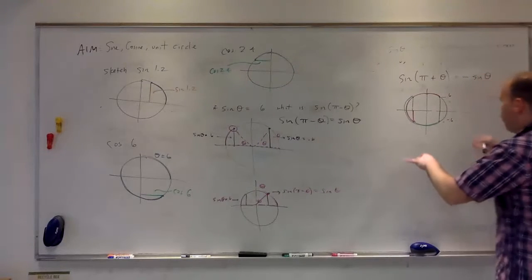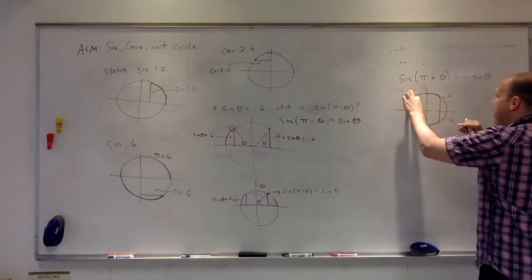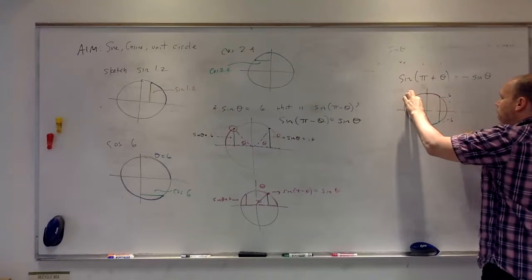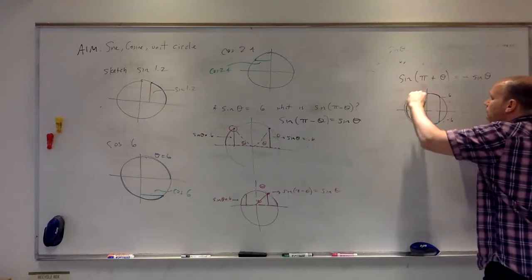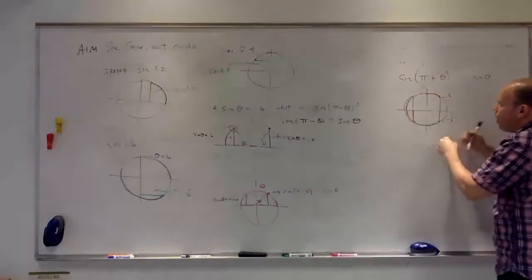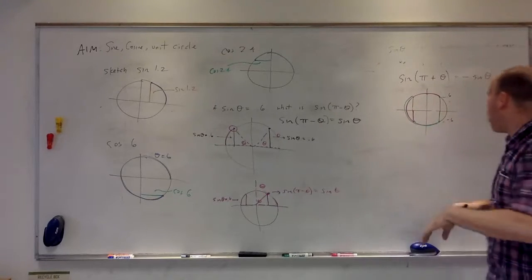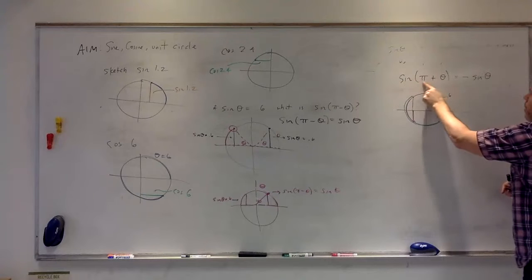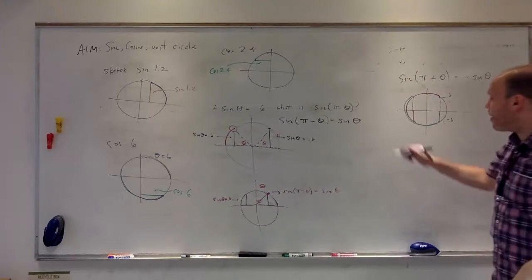Once again, we started out, we know that theta has a height of 0.6, so that's the sine of theta. If I rotate it 180 degrees, both of these now have a height of negative 0.6. So the sine of theta plus pi is equal to negative sine of theta. Good, let's continue.